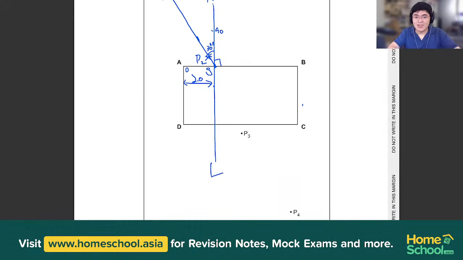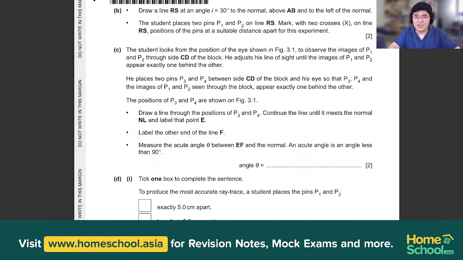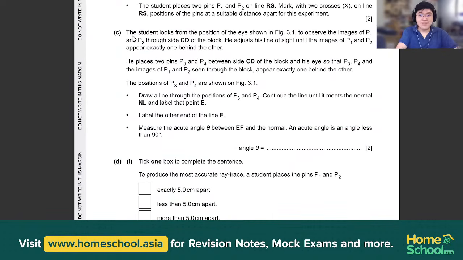Now let's move on to part C. The student looks from the position of the eye as shown in 3.1 to observe the images of P1 and P2 through side CD of the block. He adjusts his line of sight until the images of P1 and P2 appear exactly one behind another. He places two pins, P3 and P4, on side CD of the block so that P3, P4, and the images of P1, P2 seen through the block are exactly one behind the other.